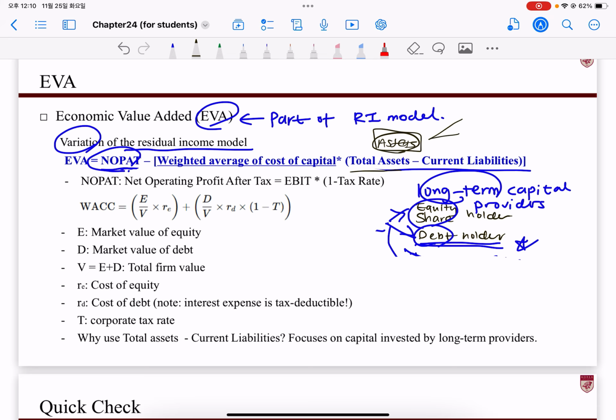And one thing to note here is that unlike the RI or ROI, it's not necessarily the operating assets we're talking about. We are thinking that all the long-term capital providers hold all the assets except for the current liability part, which is for the short-term debt providers, right? So out of the total assets, we only want to leave off the current liabilities. Okay?